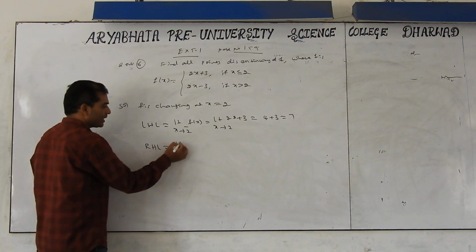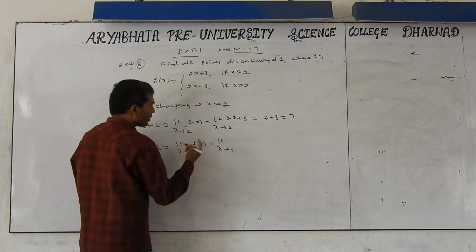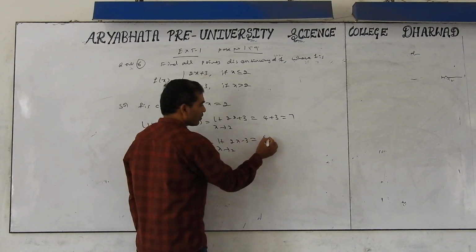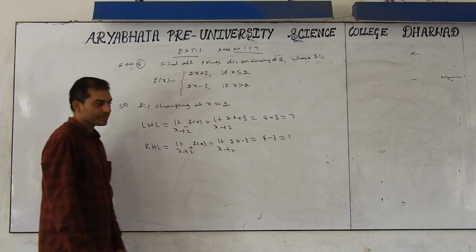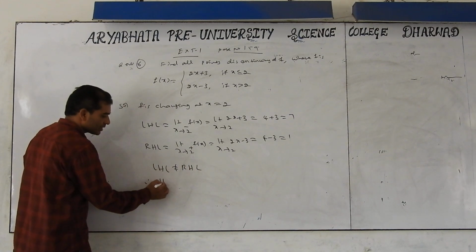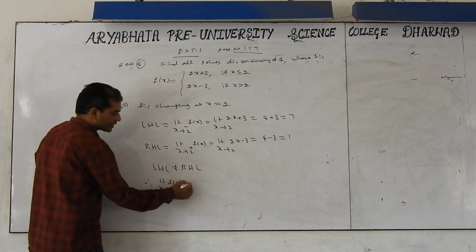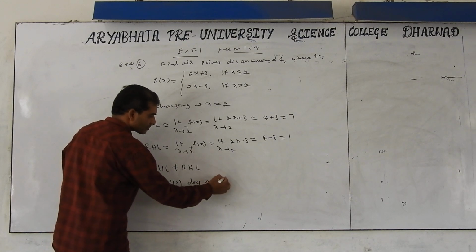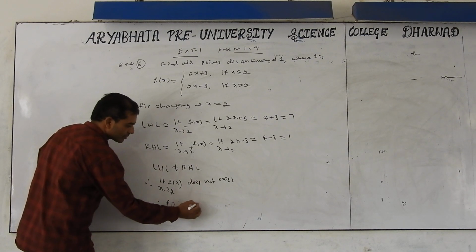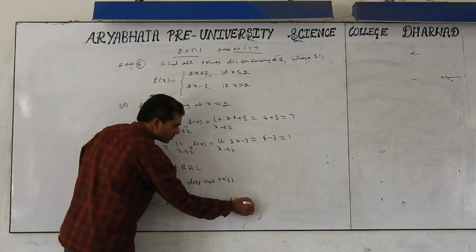Right limit: limit of x tends to 2 plus f of x, that is 2x minus 3, for x equal to 2, 2 into 2 minus 3 equal to 1. So left limit is not equal to right limit. Therefore limit of f of x as x tends to 2 does not exist. Therefore f is not continuous at x equal to 2.